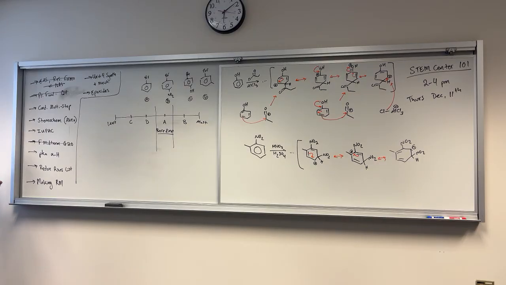The 2 electron donating groups deactivate the ring relative to that baseline. The 1 electron donating group activates the ring relative to that baseline.